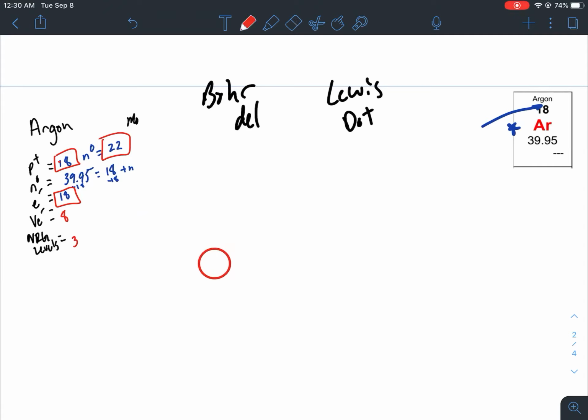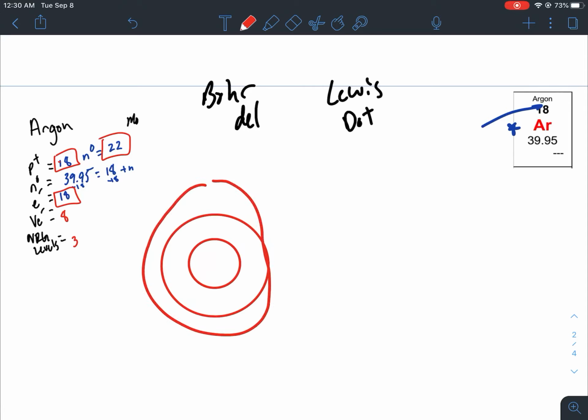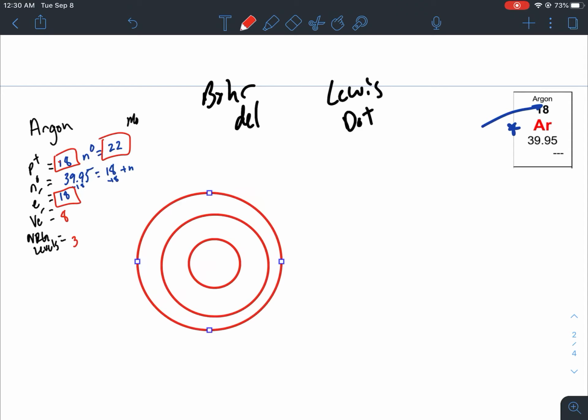So the nucleus goes in the middle, and then we surround it with energy shells. Let's try this one more time. That was a terrible circle. Okay, one more. Okay, cool.